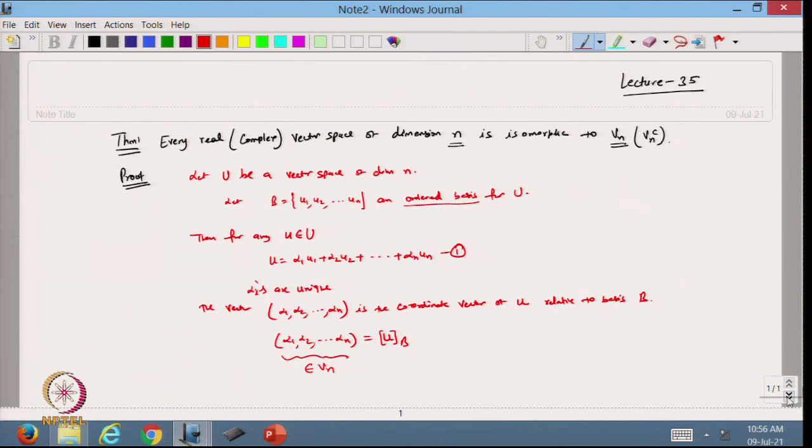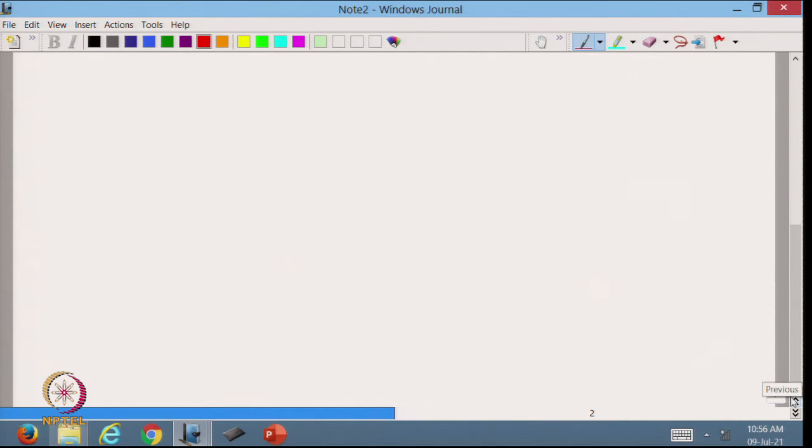So based on this, we define a linear transformation T from U to Vn, where the dimension of U is n, as T of u is equal to (alpha 1, alpha 2, ..., alpha n).